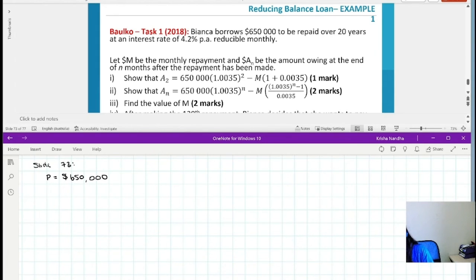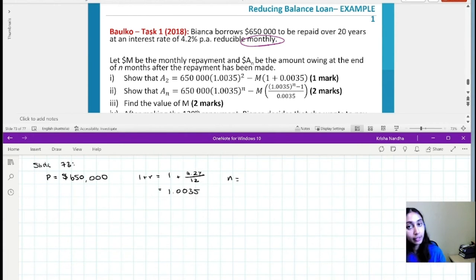Our interest rate, so the 1 plus R part, will be equal to 1 plus 4.2% on 12 because it's compounded monthly. Okay, so that will be equal to 1 plus 4.2% on 12, which is 1.0035.